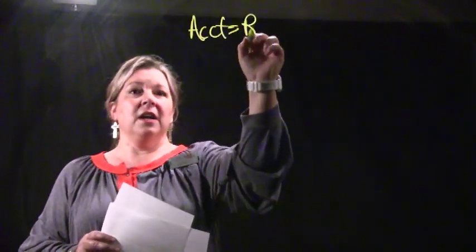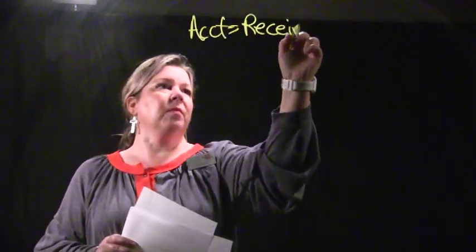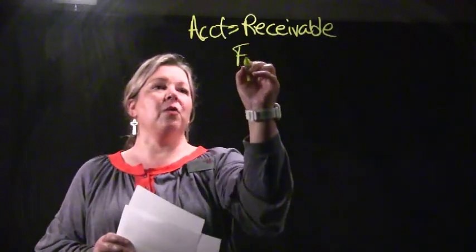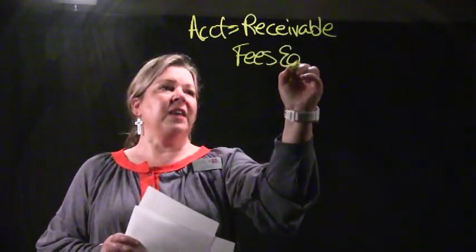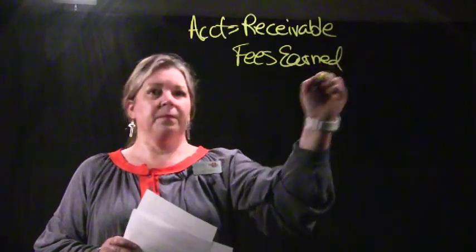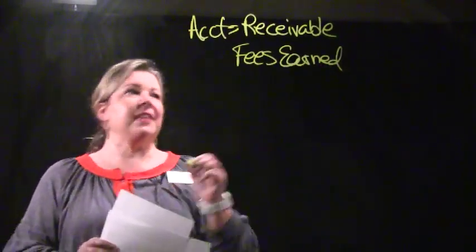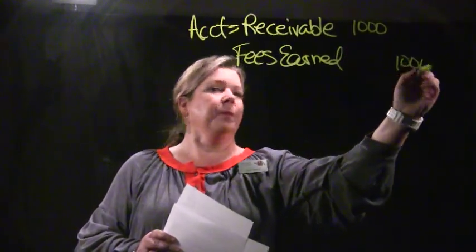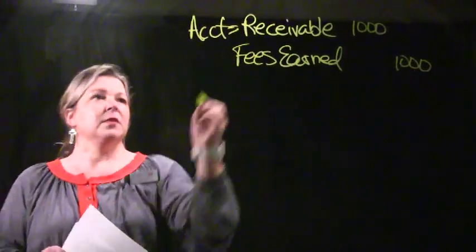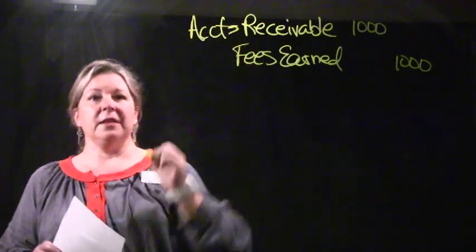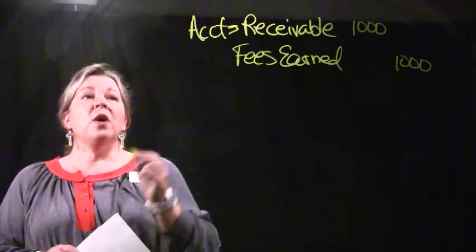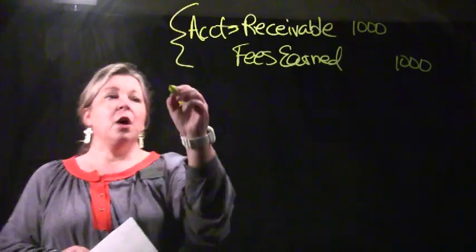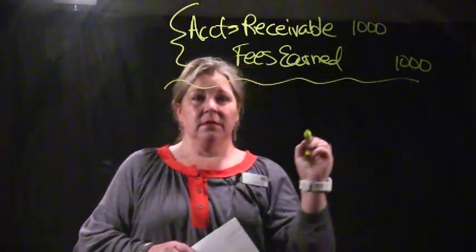Accounts receivable, and a credit to our revenue account, fees earned. So let's just say that it was $1,000. Let's just keep it simple. Okay. Sorry, my writing got kind of sloppy there on accounts. Okay. So this is what we should have done, but we didn't.